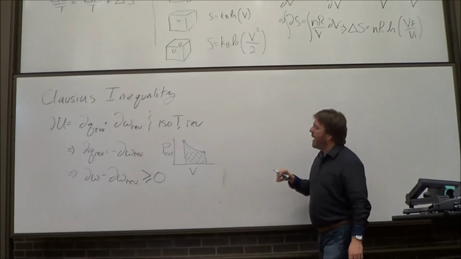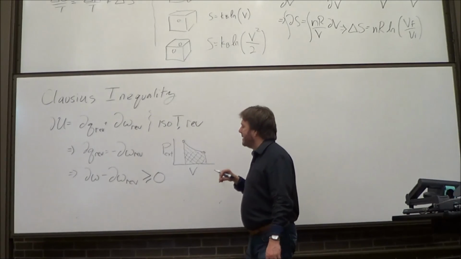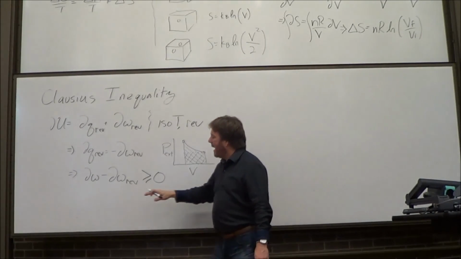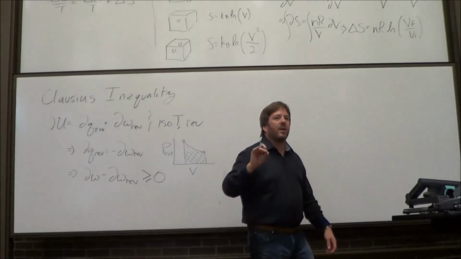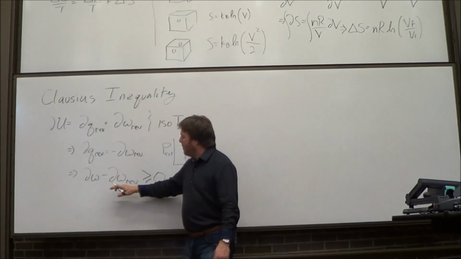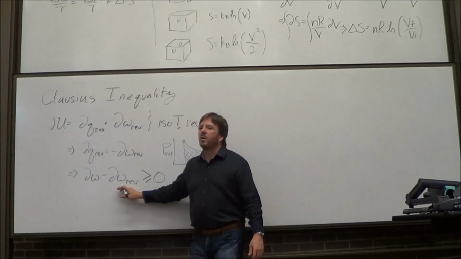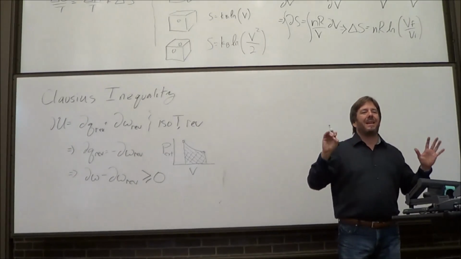We did it with this graph. It's brainlessly obvious that the reversible work is always the most negative, and therefore I can write this. And then part of that second homework that hopefully it didn't seem like you guys got too caught up on that. But remember that when I say reversible work is the most negative, it also doesn't mean it's always negative, right?